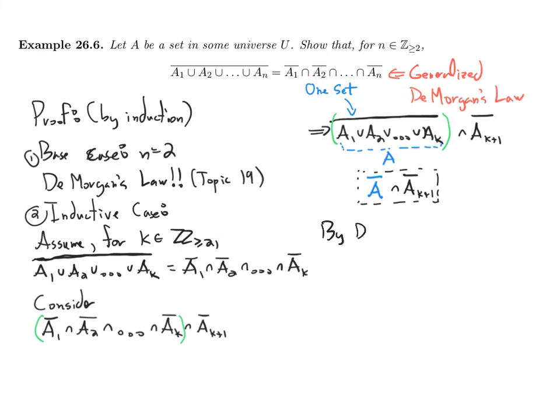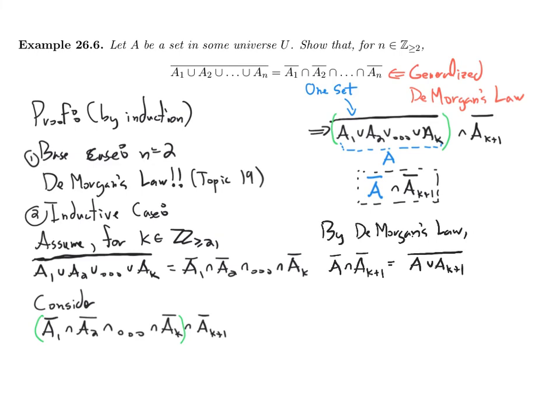So let's write down what we're doing. By De Morgan's law, this equals, well, it's going to be the complement of the other way around, A union A k plus 1.